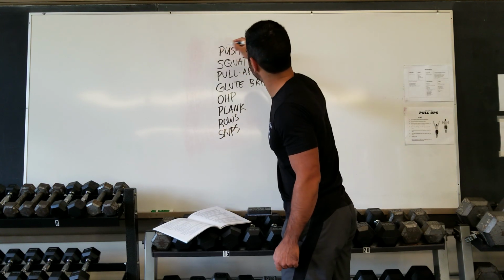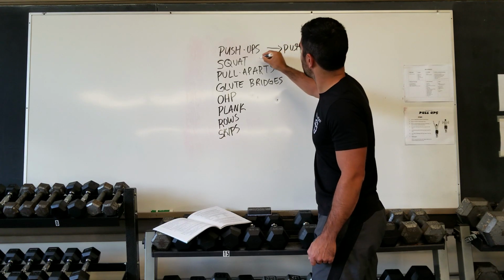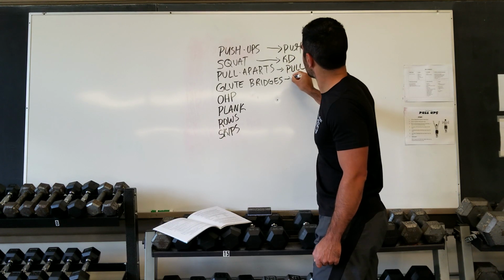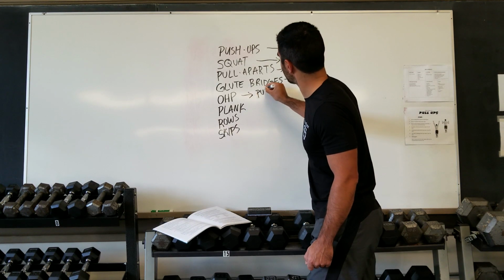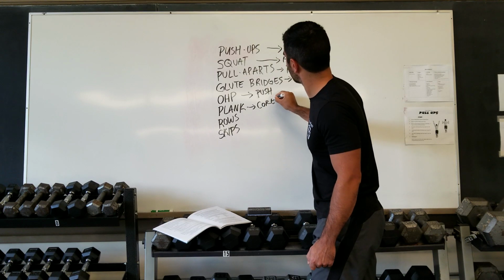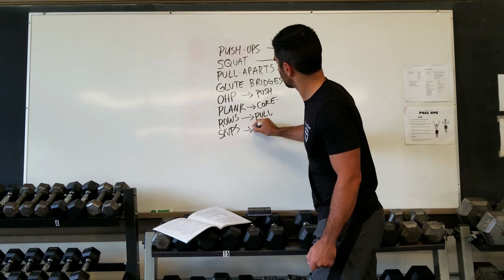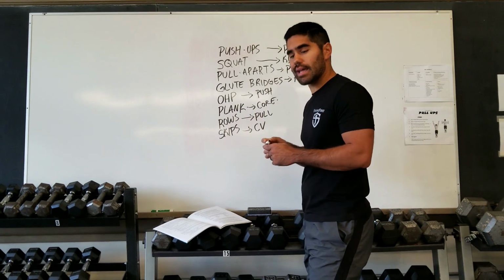So now I have my push, my knee dominant, my pull, my hip dominant, another push, core, my other pull, and cardiovascular. So that is one of the ways that I can order it.